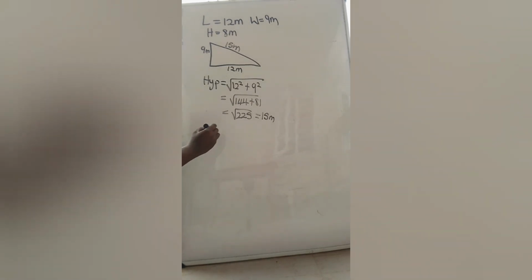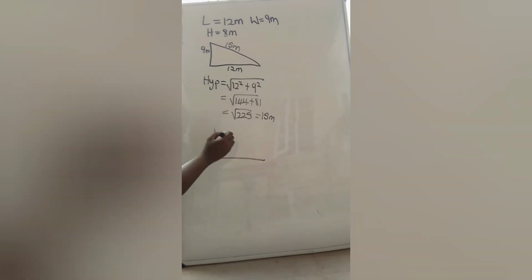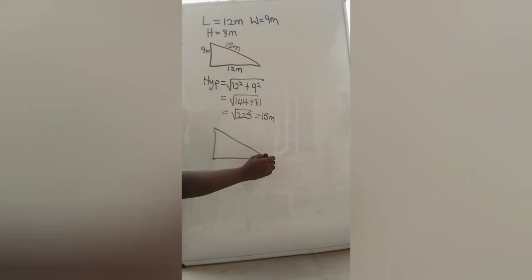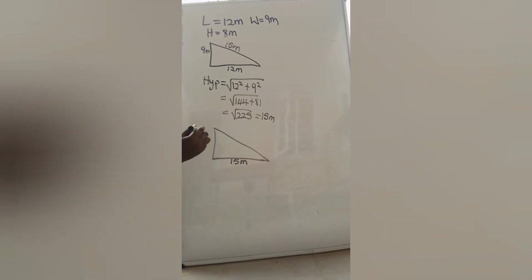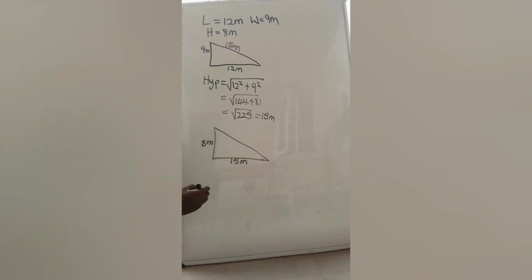In this case, we have another triangle. In this case now, this 15 meters will now be the length with the height, which is 8 meters.